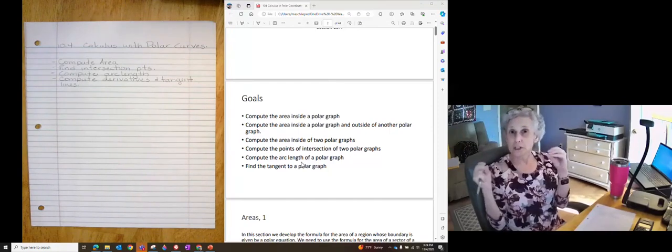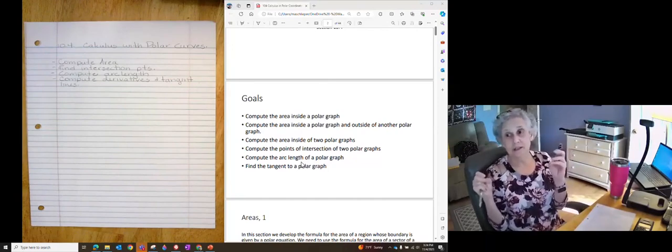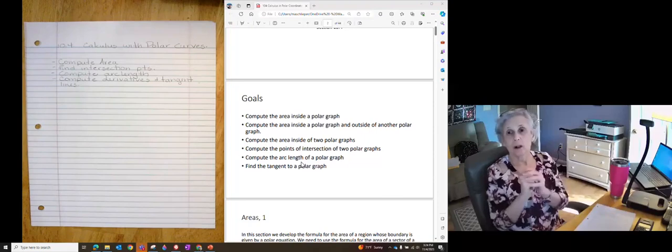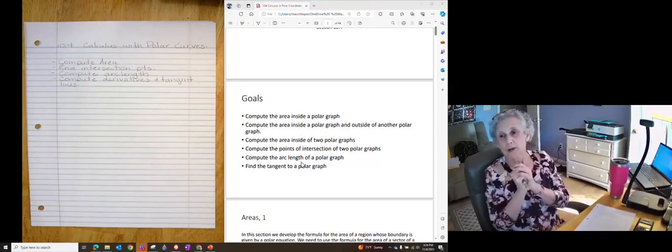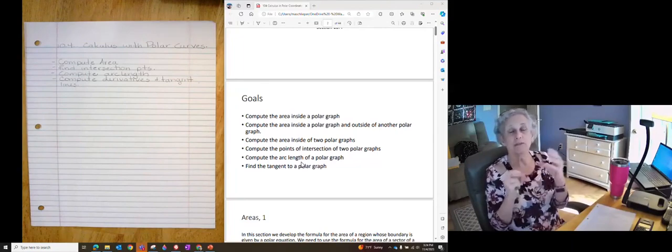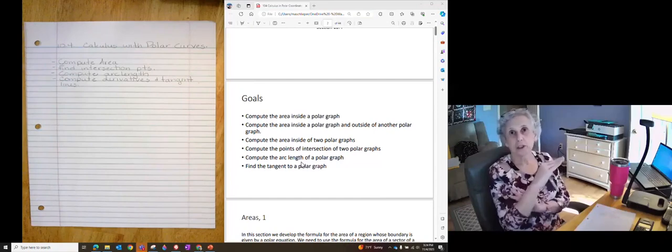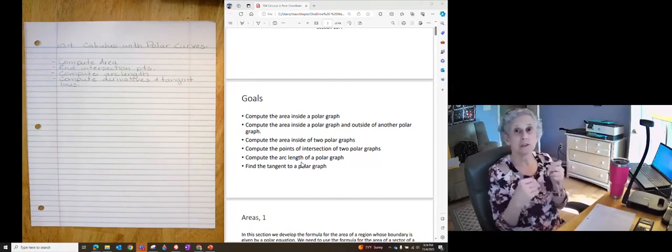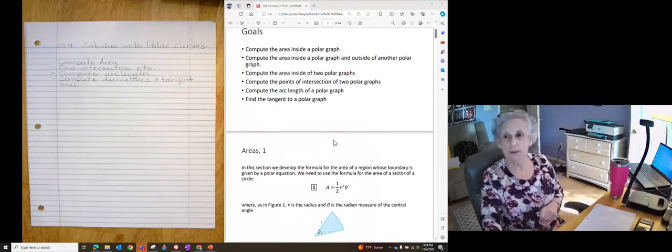In order to do that, we're going to need to find intersection points. We'll also compute arc length, that's the easiest piece. We'll find the tangent to a polar graph. It's very similar to what we did with parametric, as is the arc length. So let's start with area.